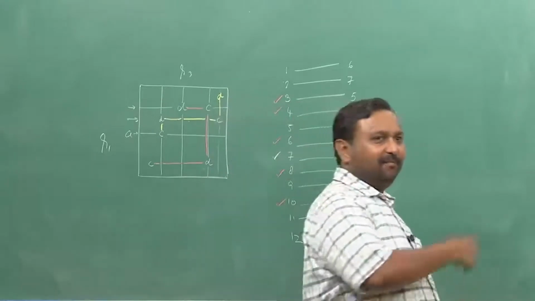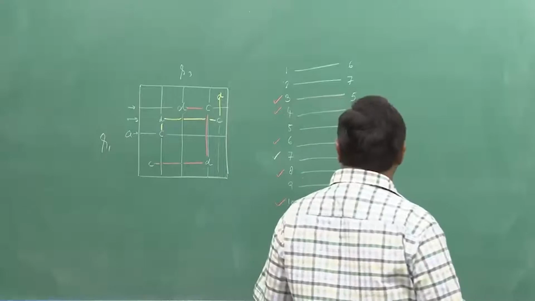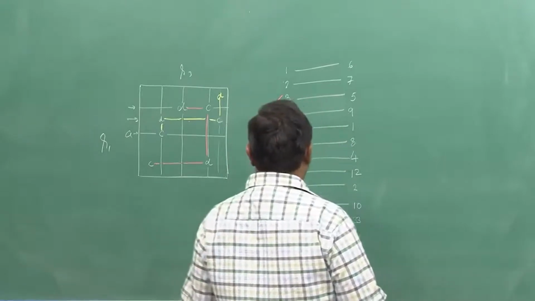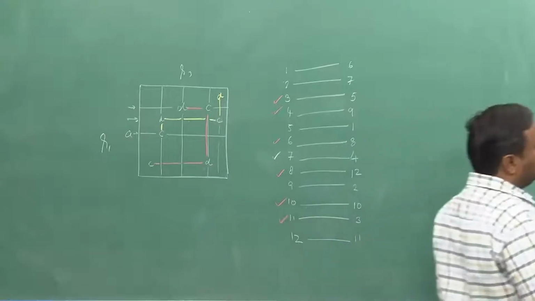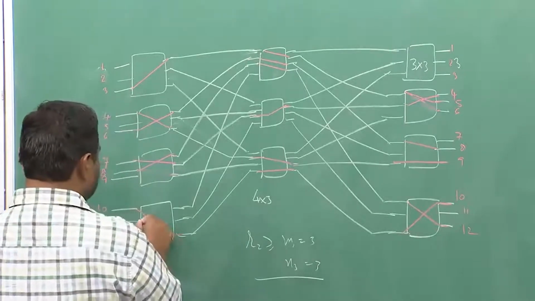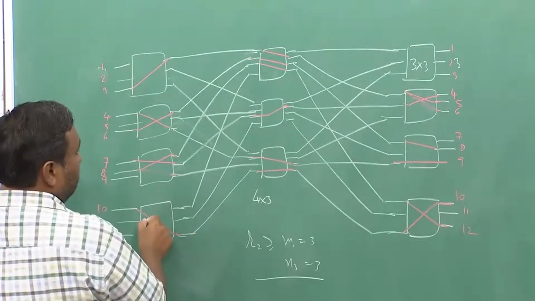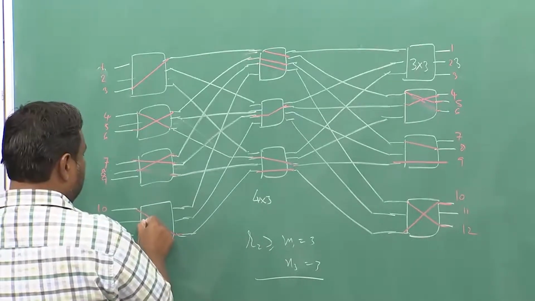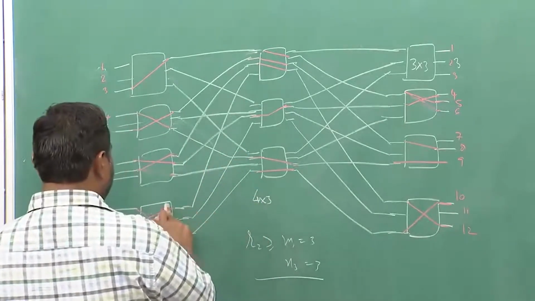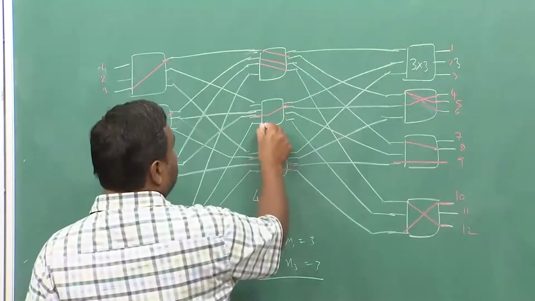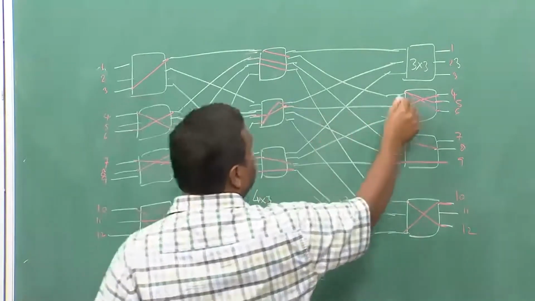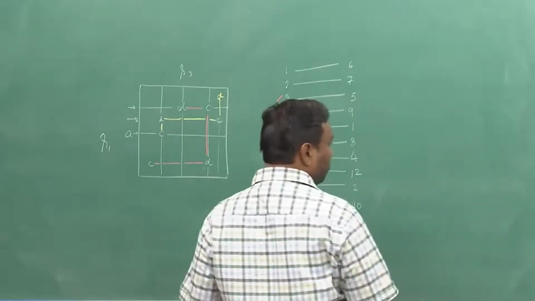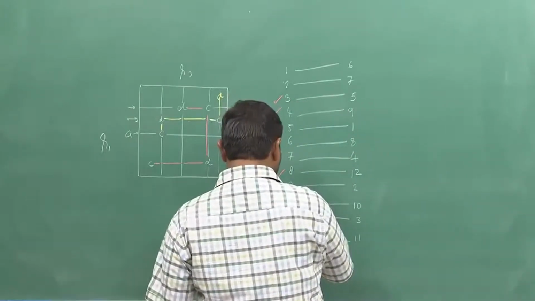If I do not get blocking, I will create blocking later on, I just have to swap the maps. 11 to 3, let us see how this will be done. 12 to 11.